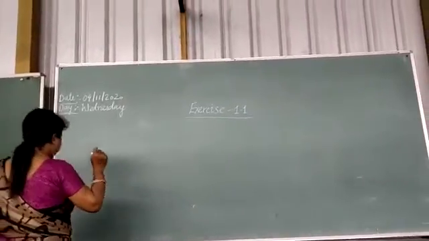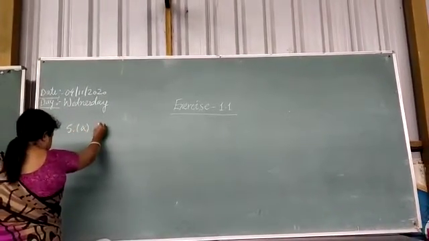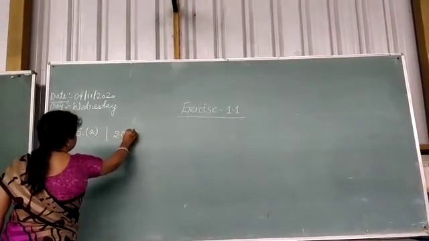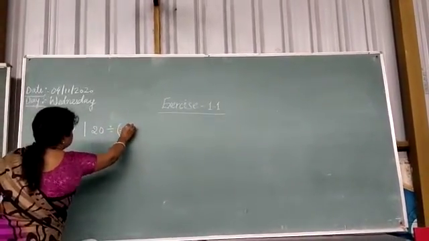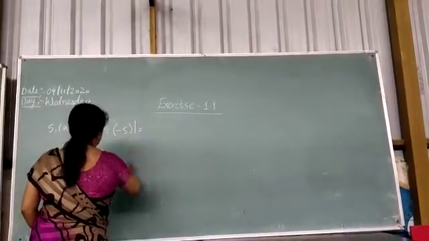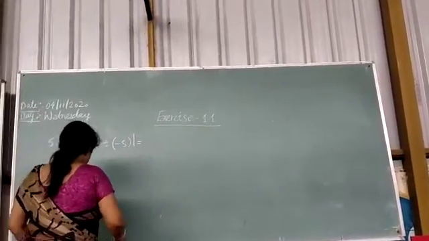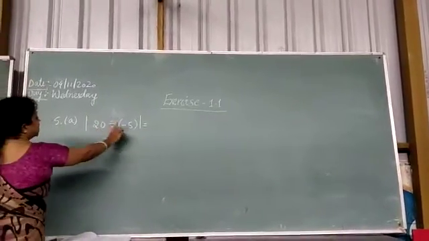But before that, first we should solve it, right? So how do we solve it? First it is given 20 divided by minus 5. So when we are doing absolute value, first we will just divide and see.